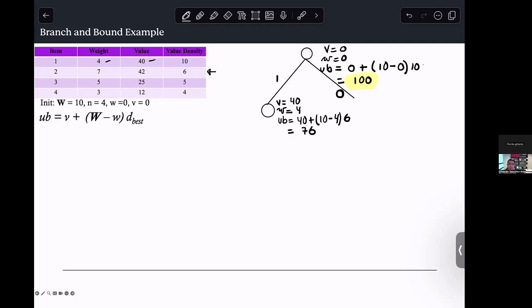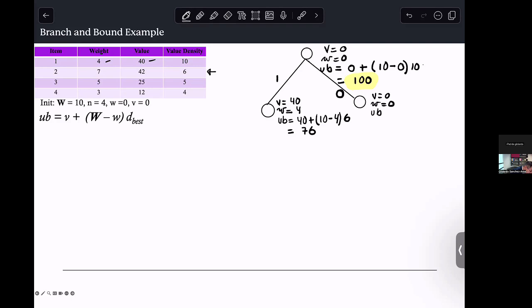But now let's consider the case where we do not include object 1. If I don't include object 1, then the total value is still going to be 0. The total weight is still going to be 0 because I decided not to include the first item.